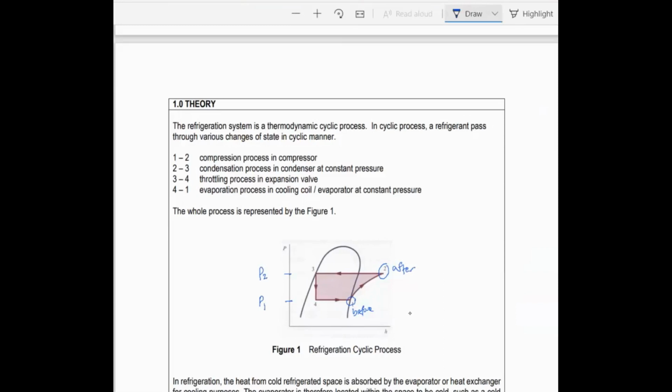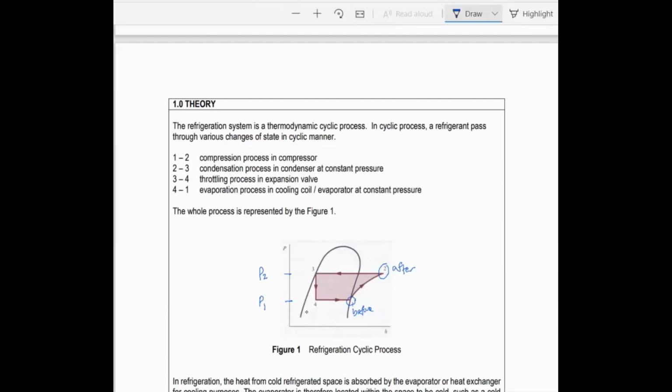And then the process goes to the throttling process at the expansion valve, where the pressure drops drastically, from 3 to 4, with constant enthalpy. And then the process from 4 to 1, we call it the evaporation process, which occurs at the evaporator at constant pressure.